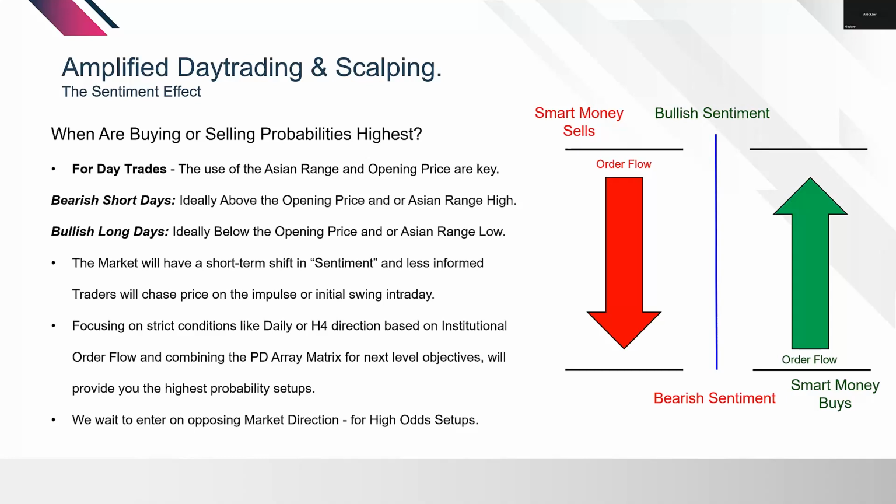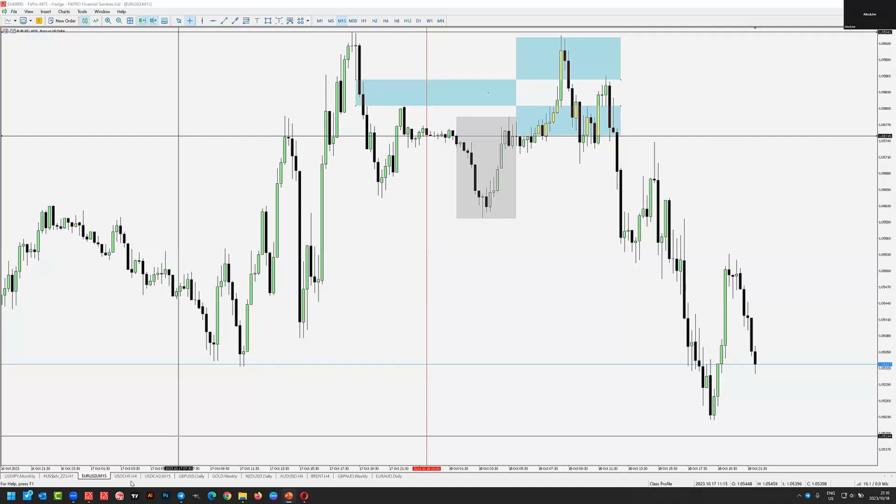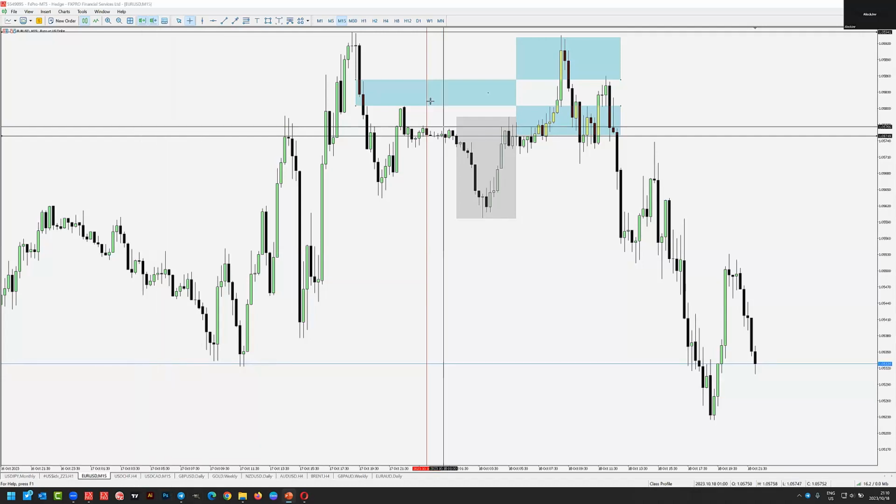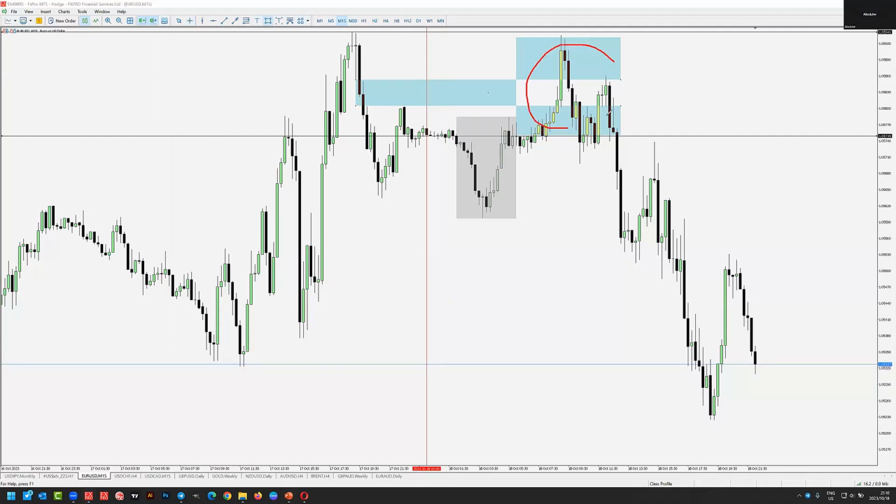So you wait to enter on opposing market direction for high odds. Opposing market direction, for instance, if we go to Euro USD, opposing market direction is basically this whole price action. Market is opposing the move to the downside.